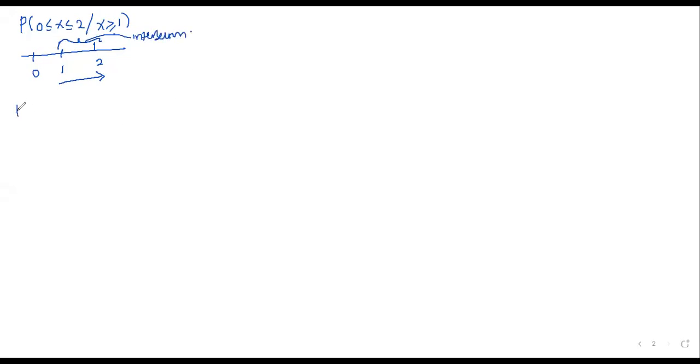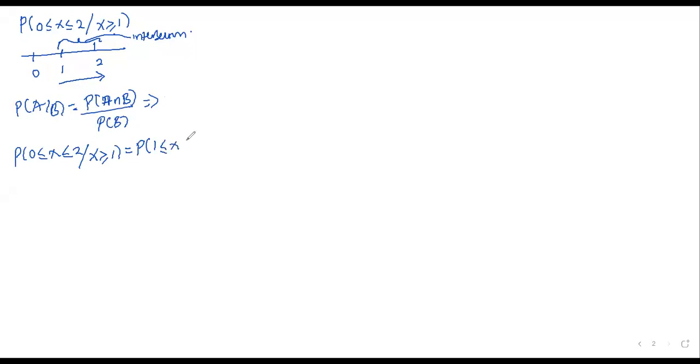So for conditional probability, probability of A given B is equal to probability of A intersection B over probability of B. The intersection of those two is 1 and 2, which is probability of 1 less than or equal to x less than or equal to 2, divided by probability of x greater than or equal to 1.